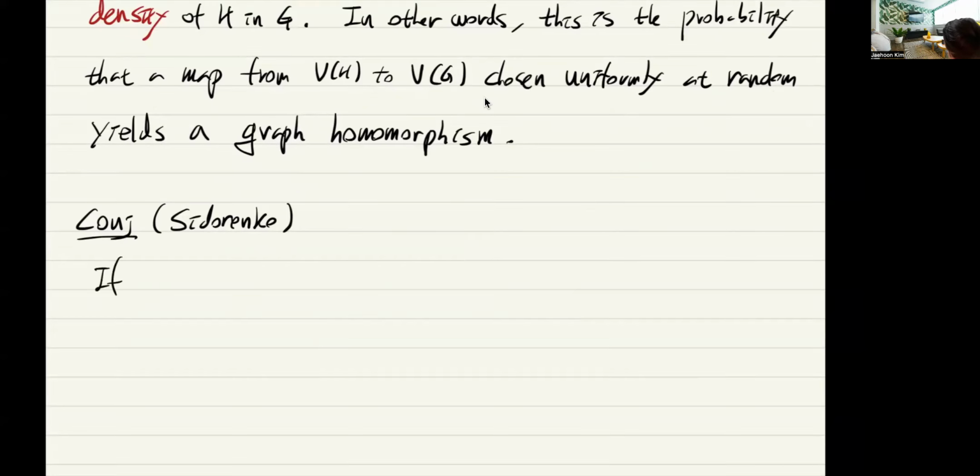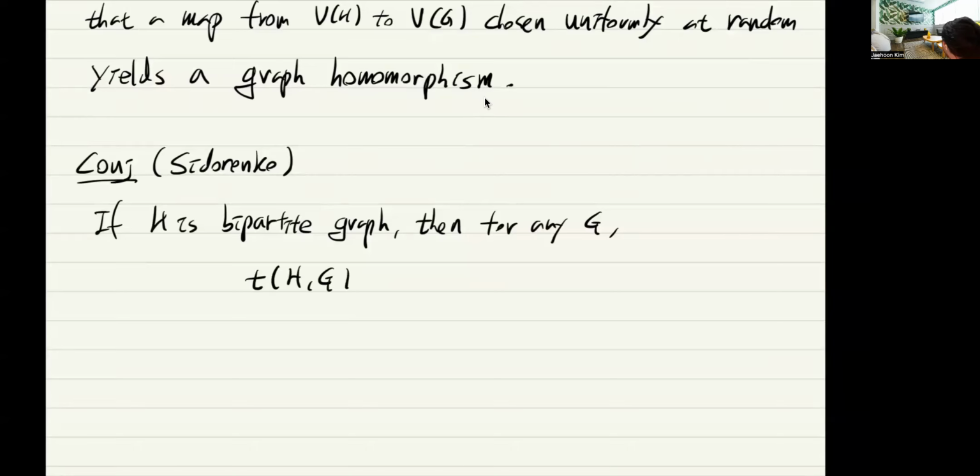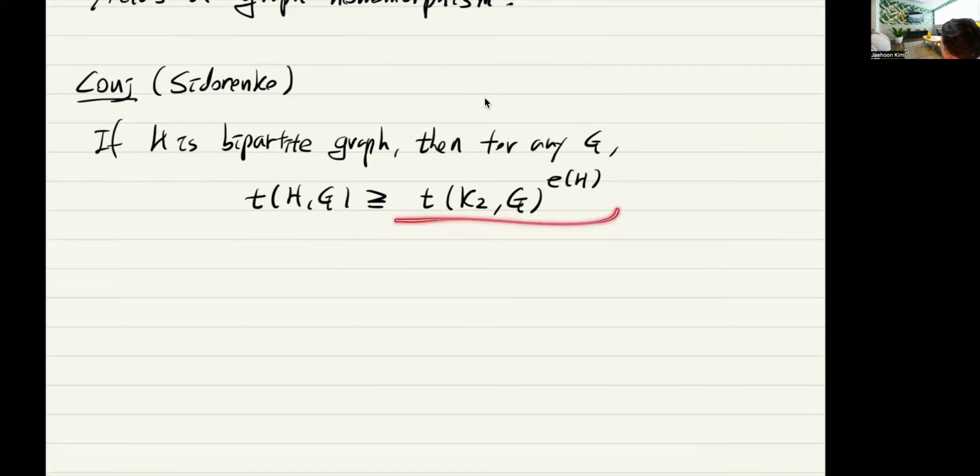It says that if H is bipartite, then for any G, its homomorphism density is at least the homomorphism density of an edge to the power of the number of edges in H. And if you think about this, specifically this t(K2, G) is what?